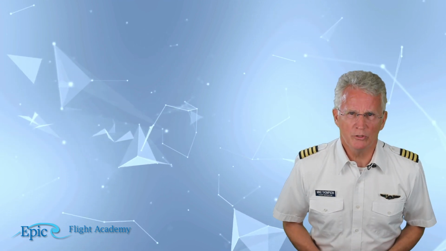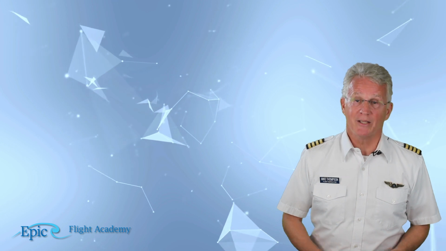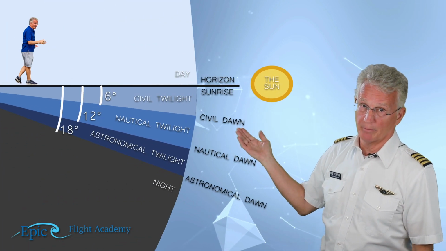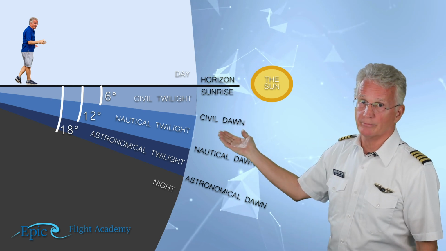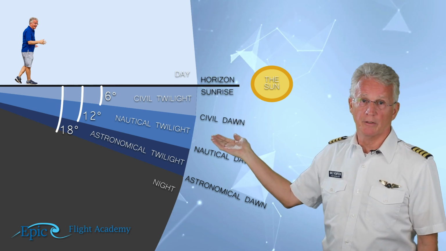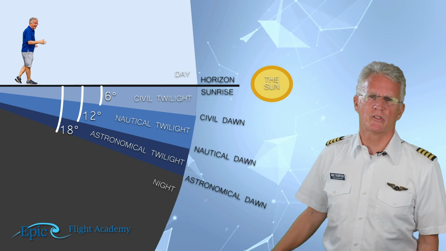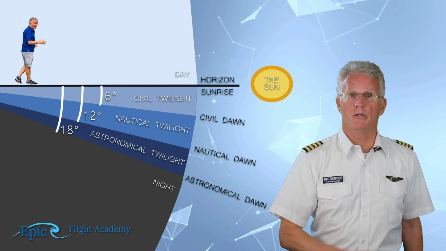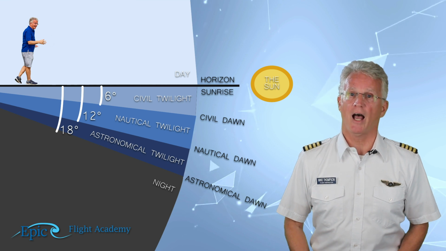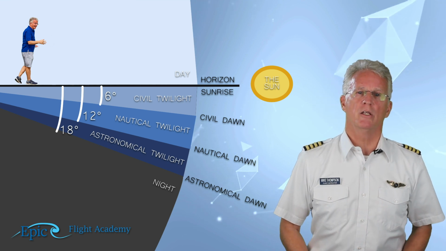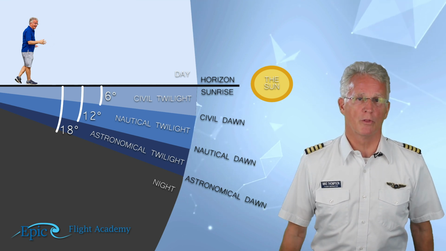The solution to our question lies in this diagram. Imagine that you are standing here and viewing the sun just as it sets and then disappears below the horizon. The key lies in how fast the sun is dropping below the horizon.